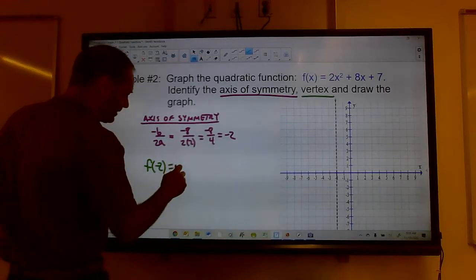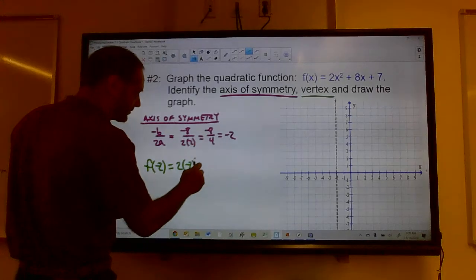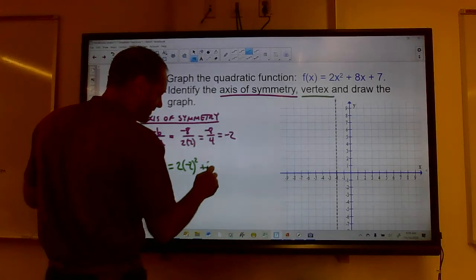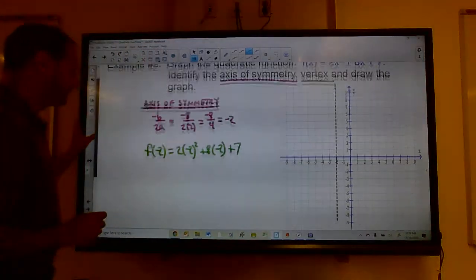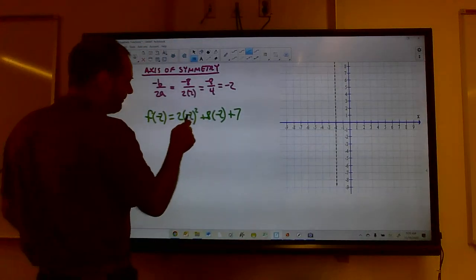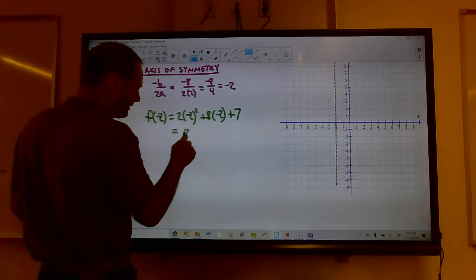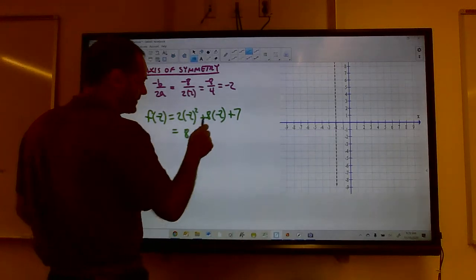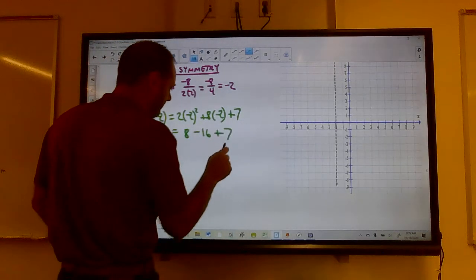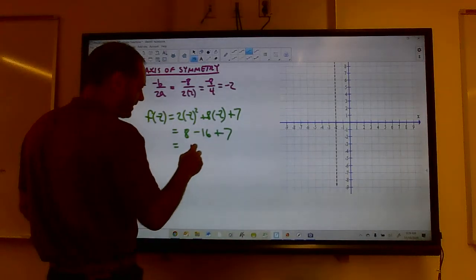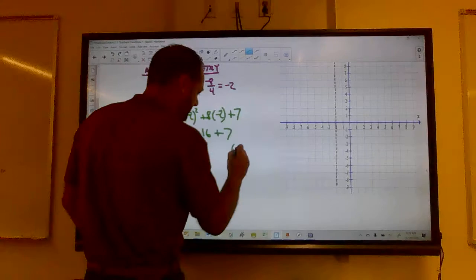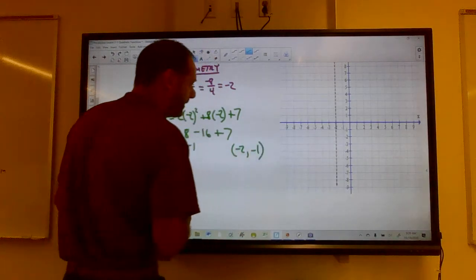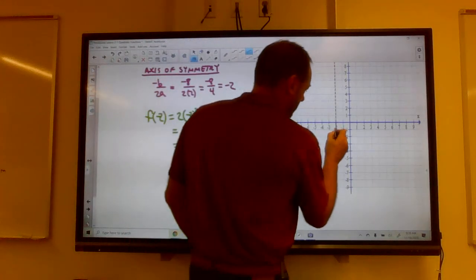All right, so that's going to be 2 times negative 2 squared plus 8 times negative 2 plus 7. So this is 4, 8, and this is negative 16 plus 7, so that's going to come out to be negative 1. So my vertex is at negative 2, negative 1. So that would go right here.